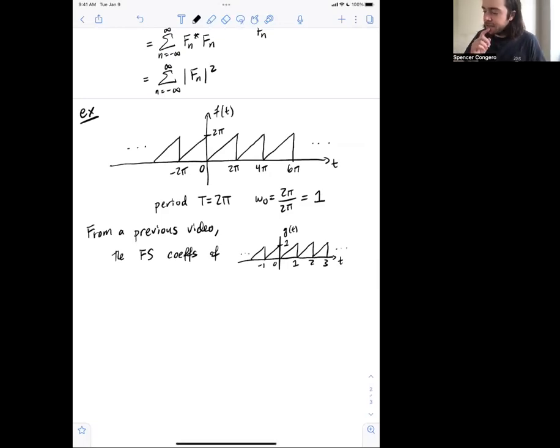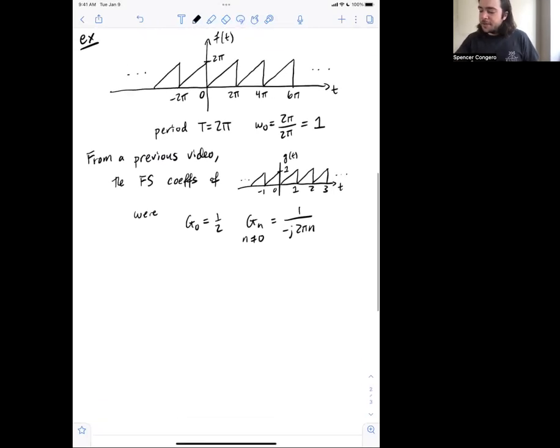The Fourier series coefficients of that function were that the 0th one, which I'll call g0, was a half. We figured that out. And then for all the other ones, when n wasn't 0, it was 1 over negative j 2 pi n.